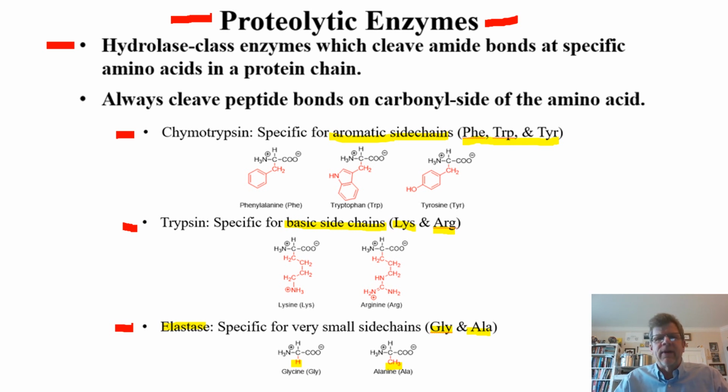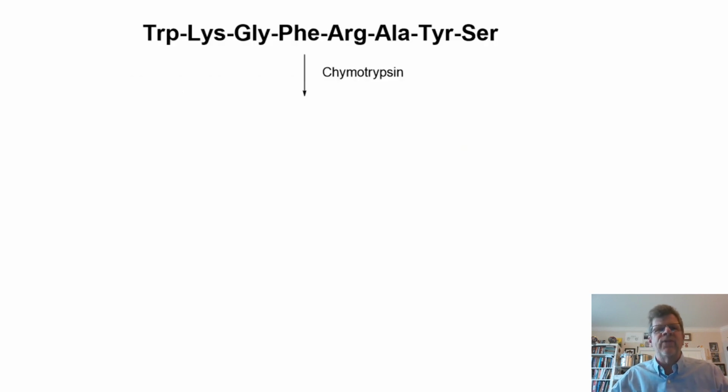So let's look at an example of this. Rather than showing you a complete structure of, say, an 8 or a 10 amino acid peptide sequence, I'm going to abbreviate that to what we see here. And what we see here is 1, 2, 3, 4, 5, 6, 7, 8, an 8 amino acid peptide, and we have our three-letter abbreviations here for all of these amino acids: glycine, phenylalanine, arginine, alanine, and so on.